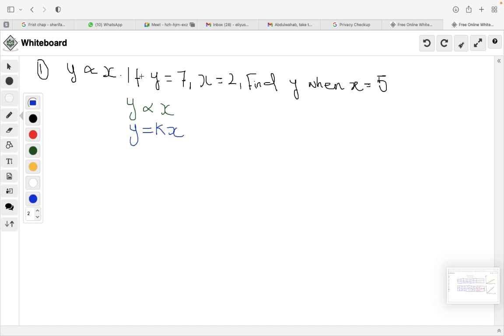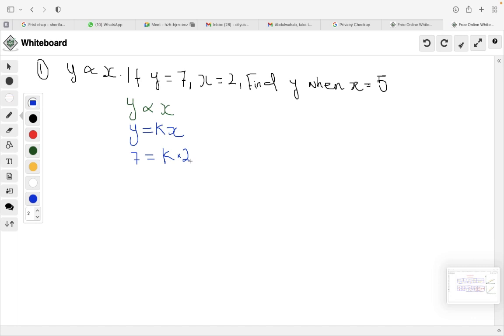Now, if y equal to 7, I replace y with 7 equal to kx. Now, k we don't know, so we put k. And x, in the first case, if y is 7, x is 2. So multiply by 2.